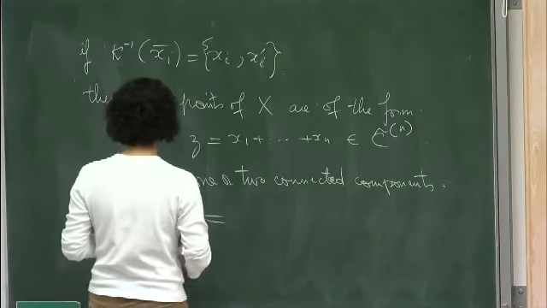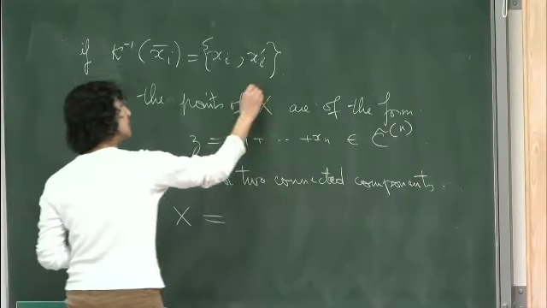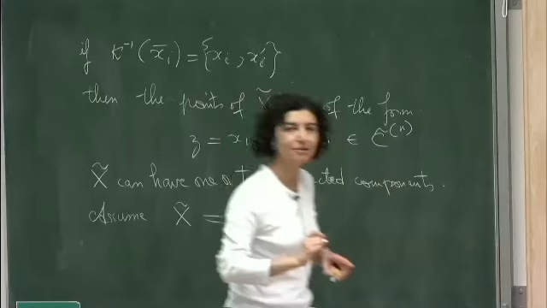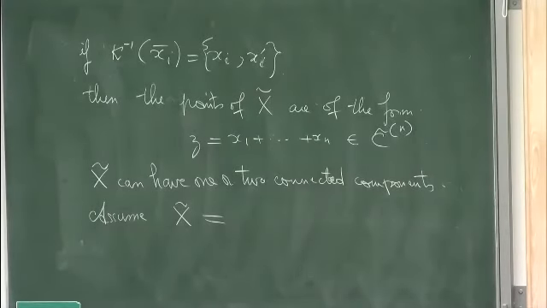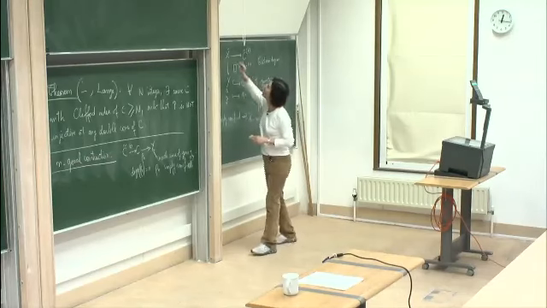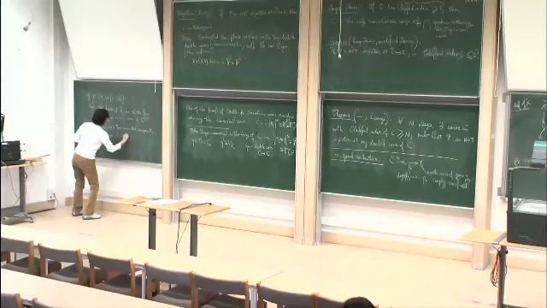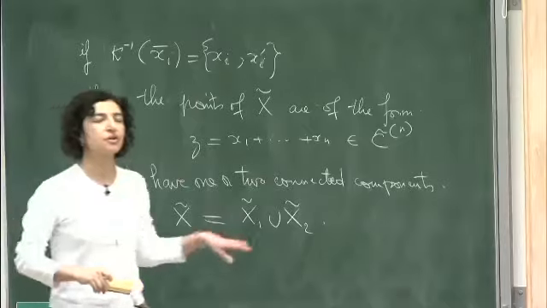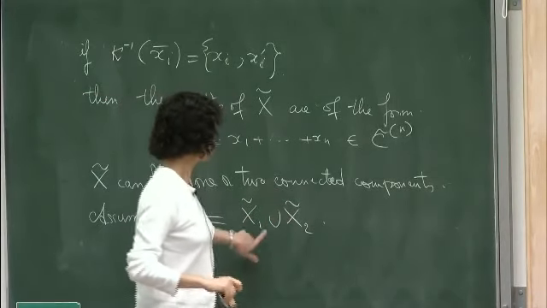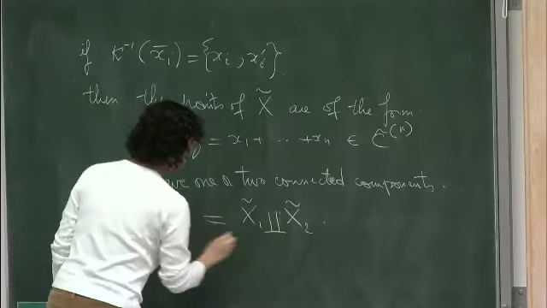So actually, let me call this X tilde. It's a double cover. I'm going to assume that it's got two connected components, X1 tilde and X2 tilde. You can use the Hurwitz formula, compute the genus, etc. These two have the same genus. And this is a disjoint union.